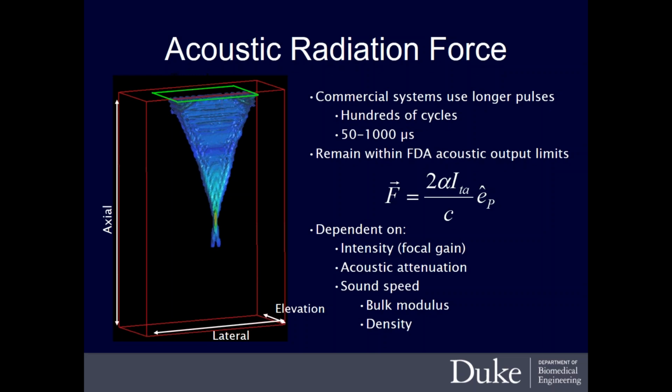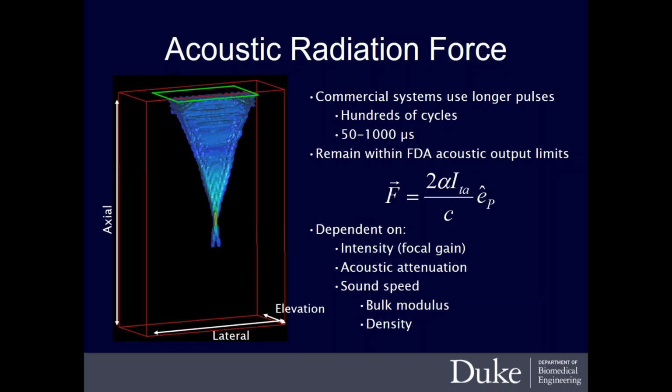You will notice that the force profile, which I'm showing on the left of this slide, has a dependency on several things. One thing you'll notice is a dependency on the focal gain. If I'm focusing at a certain depth, I'm not actually pushing with a uniform force the entire distance from transducer to focus, but there's a gradient in the push. That allows us to get excitations at deeper locations with adequate SNR.